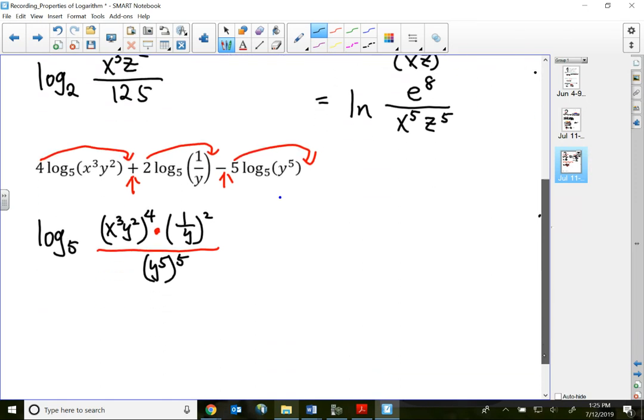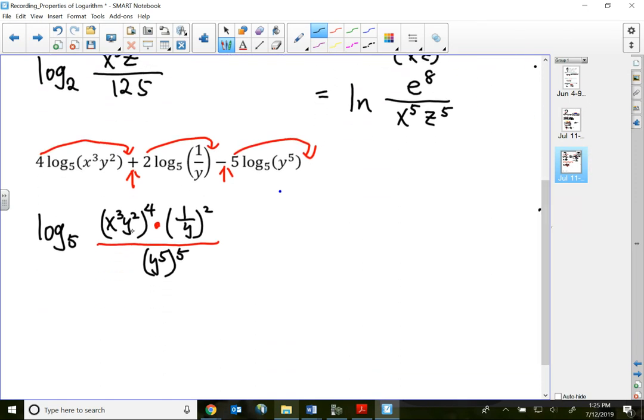All right, so to clean this up, let's do this on the side, okay? X to the 3rd, y squared, whole thing to the 4th power means x to the 12th, y to the 8th, right, by the power rule, times 1 over y, whole thing squared, is 1 over y squared. Still over y to the 25.